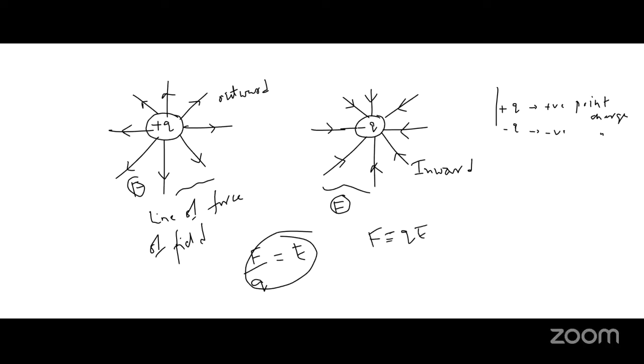F equals QE, or F by Q equals E. So you may observe what we mean by electric field. Intensity of the electric field may be defined as how much of the effect of the charge can be occupied by such a region. Okay. So that you can call an electric field.